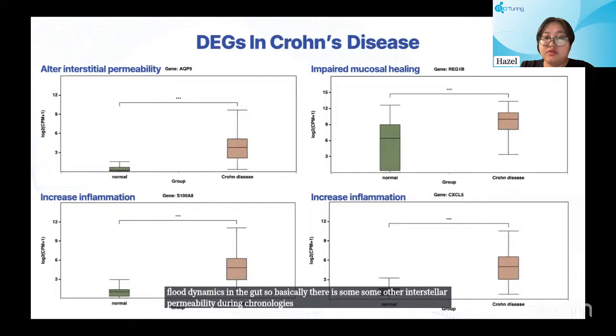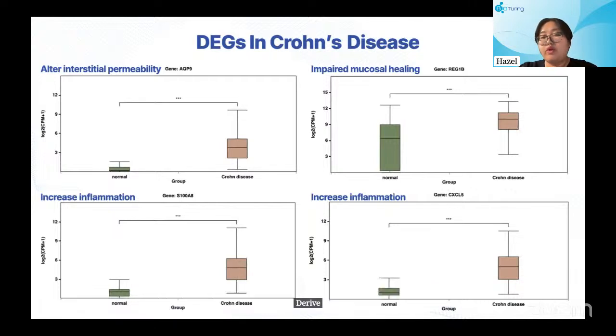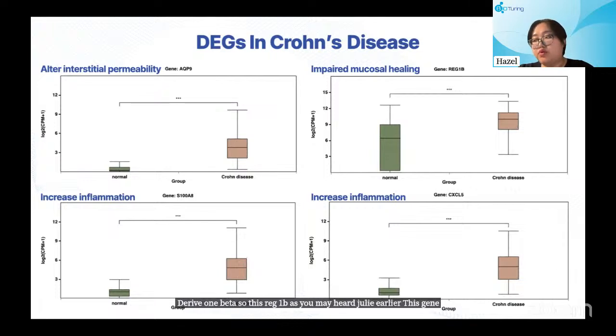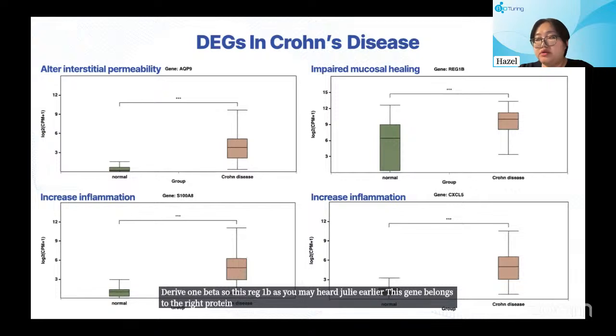And then the second gene, REG1B, or regenerating islet-derived 1 beta. As you may have heard from Julie earlier, this gene belongs to the REG protein family, which plays a role in mucosal regeneration and has anti-apoptotic effects.